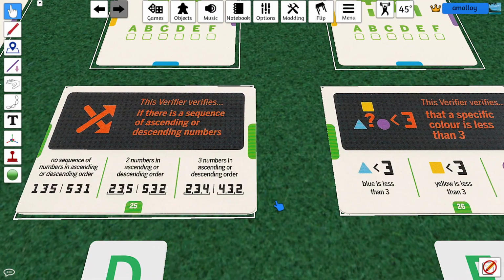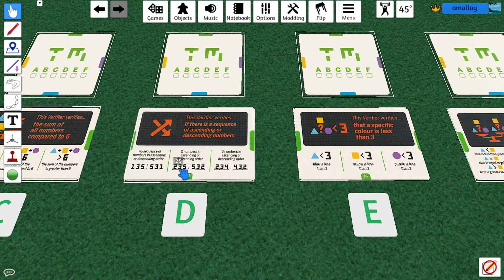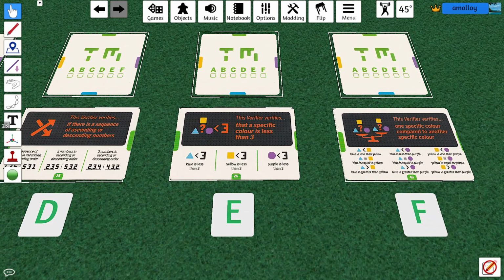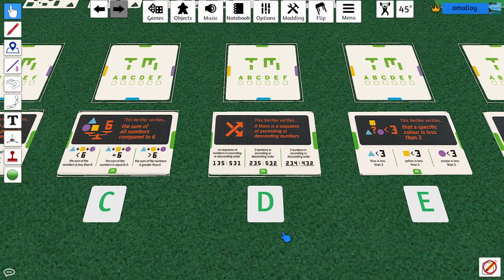Ascending or descending, right? So I think I want to target D just to aim for no sequence. Or maybe aim for a sequence of length 1, because length 2 is so unlikely we could conclude it's probably no sequence. So maybe I should leave F alone and hope it just falls out somehow. So target E and D.